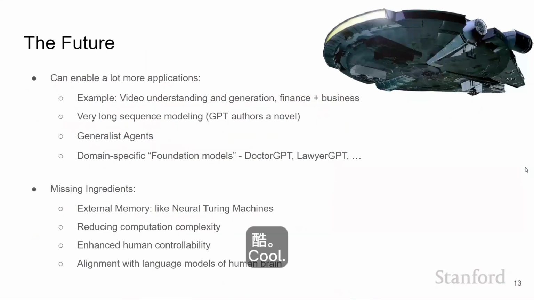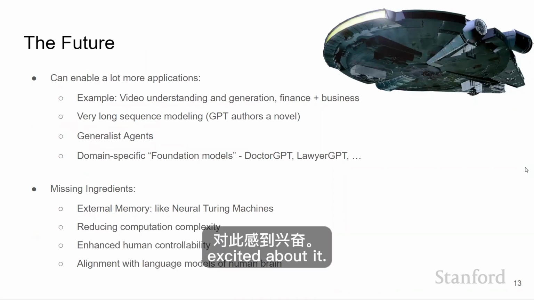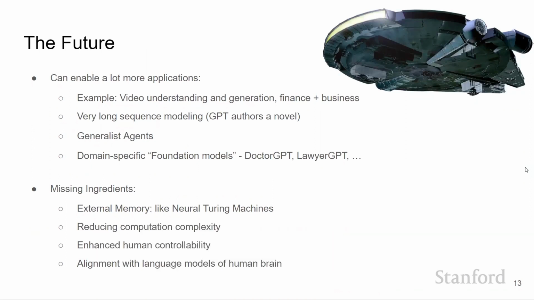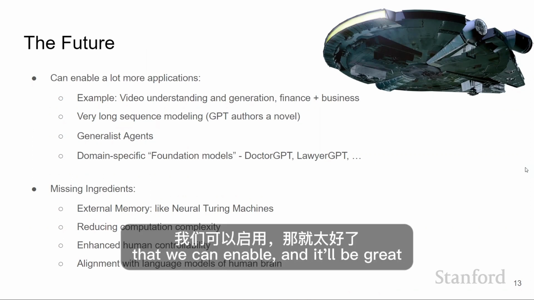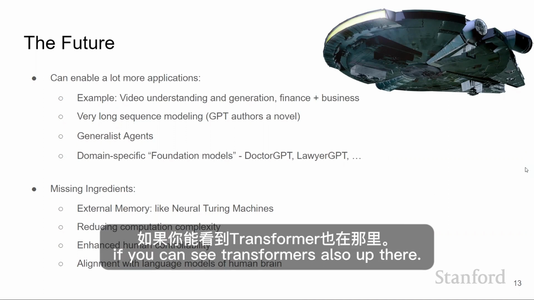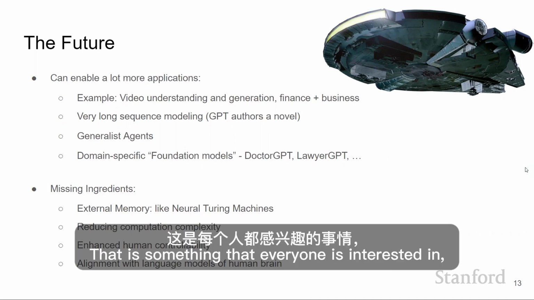Cool. So the future is a spaceship, and we are all excited about it. And there are a lot more applications that we can enable. And it'll be great if you can see transformers also work there. One big example is video understanding and generation. That is something that everyone is interested in.